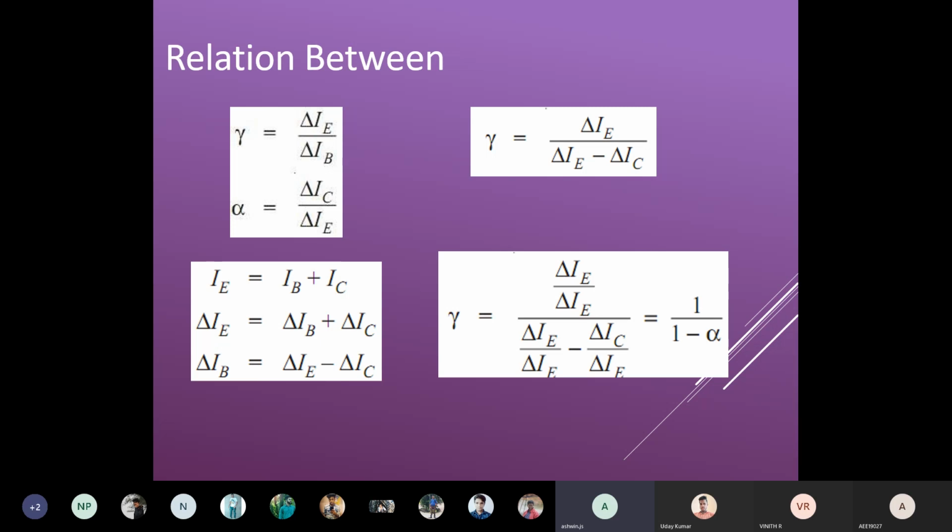If I divide the entire equation by del IE, the first term becomes 1, and minus del IC by del IE is denoted by alpha. So I'm replacing that with alpha. So what is the relation between alpha and gamma? Gamma is equal to 1 by 1 minus alpha.